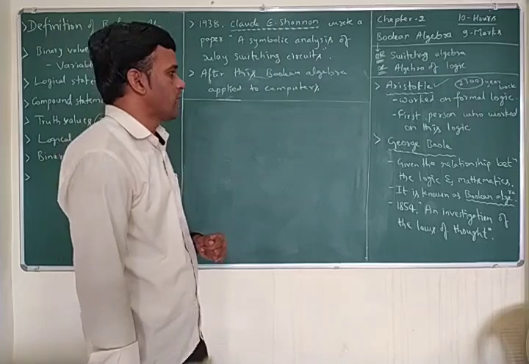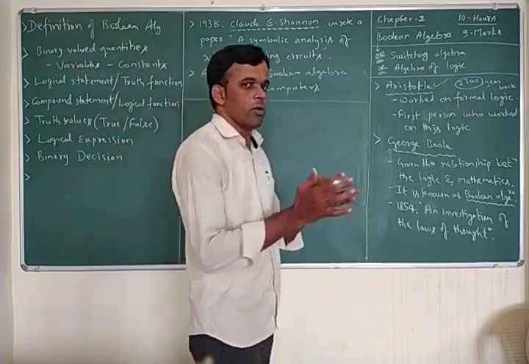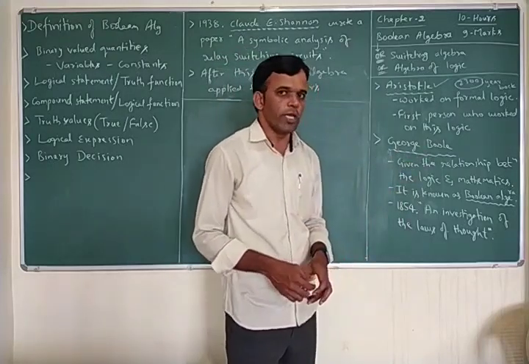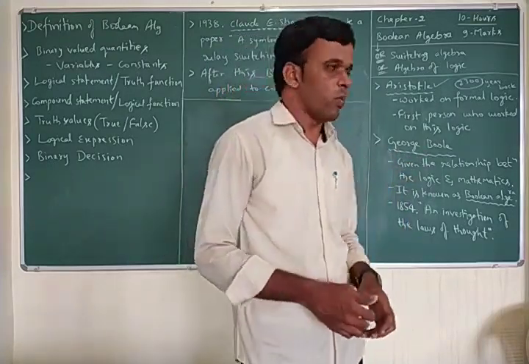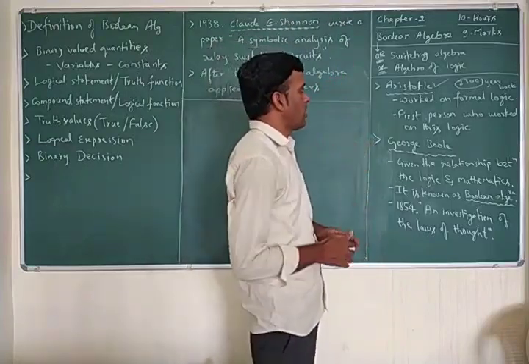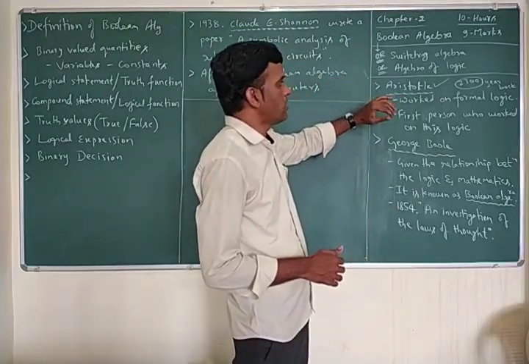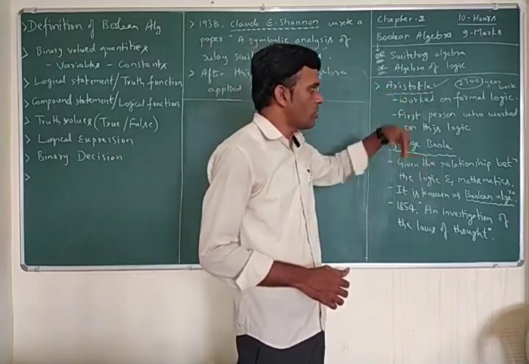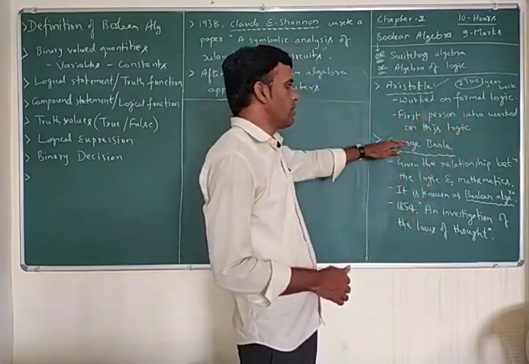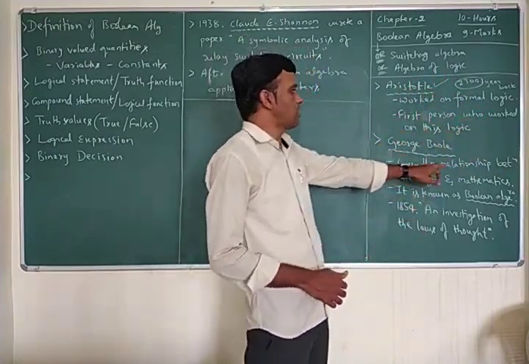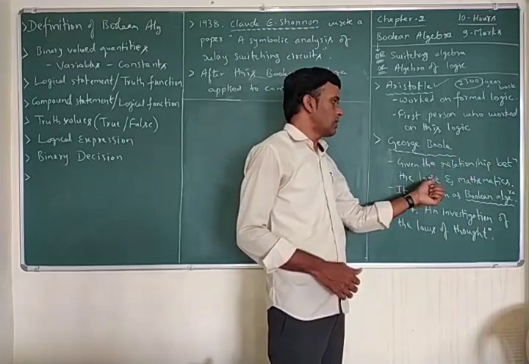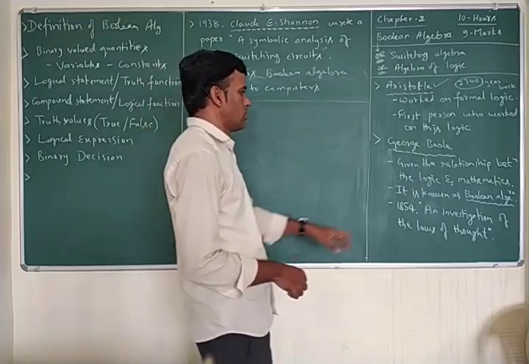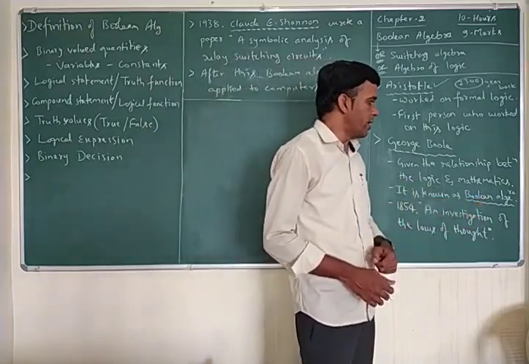Thereafter, in the 19th century, after a long gap, the person called George Boole again worked on this logic. He studied the principles set by Aristotle and continued work on that logical system, and then he gave the relationship between logic and mathematics. So it is known as Boolean algebra.